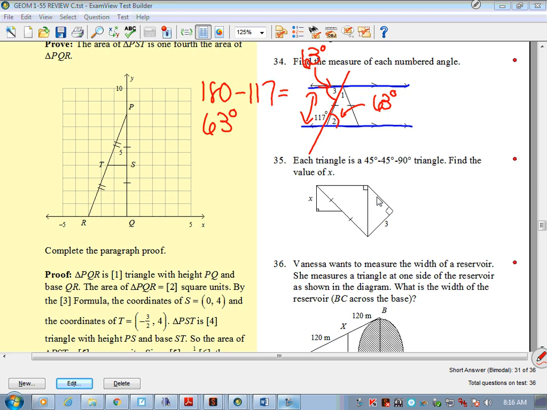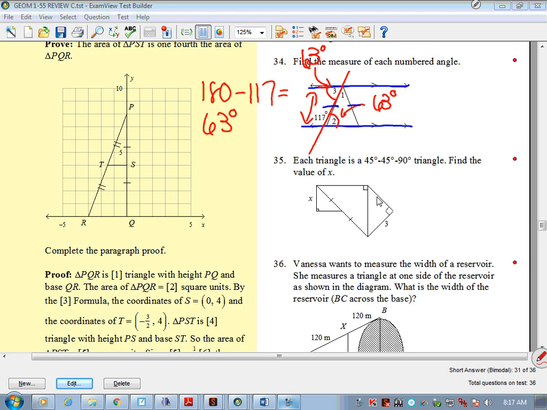Okay, so I could show that math twice. I could do 180 minus 117 equals 63, and then do it again. Or I could state that alternate interior angles are congruent, and then say that angle 3 and angle 2 are congruent.